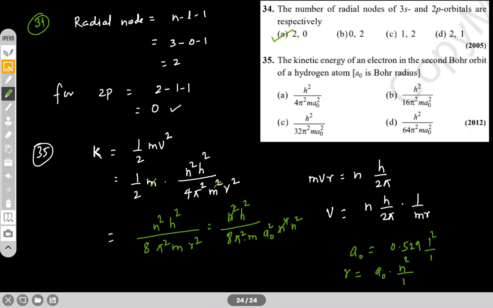Okay, so when you solve, you'll get h square by 8 pi square m A naught square n square.